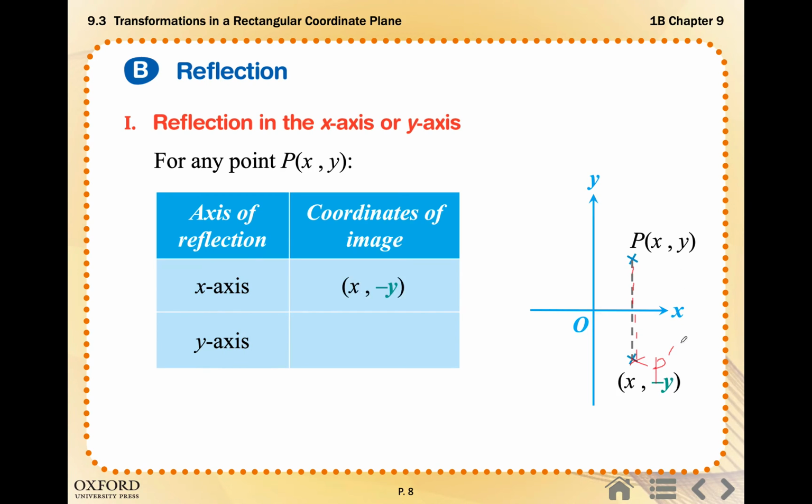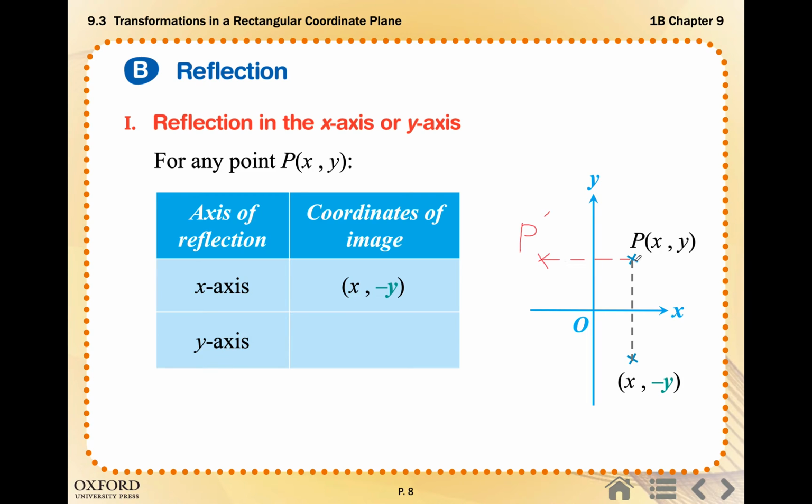And that's why you can see that the coordinates of the image of P, if it is reflected in the x-axis, should be x and then minus y. And the second case is that if the point P is reflected in the y-axis, you can see that the image of P should be here.